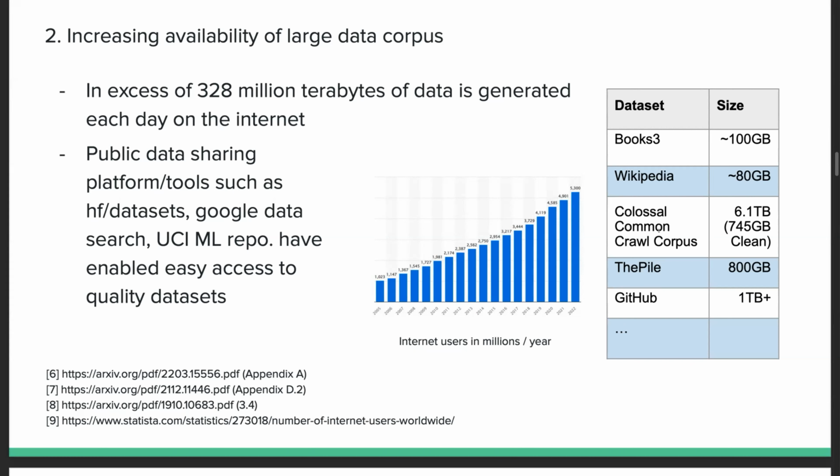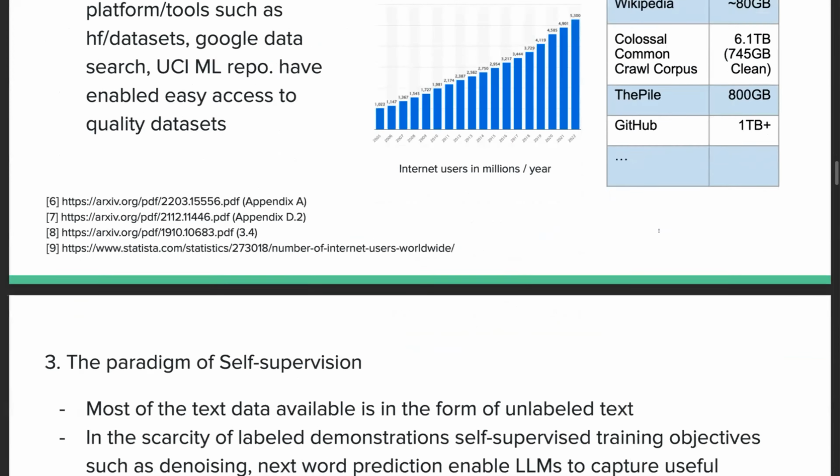There's also Google Dataset Search, which you can use to find data sets that interest you. There's also, for folks who have been in ML for a few years now, the UCI ML repo, which I don't think most people use now, but it was also an important contributor to data sets previously. So that's factor number 2, in my opinion, which is the availability of massive data sets.